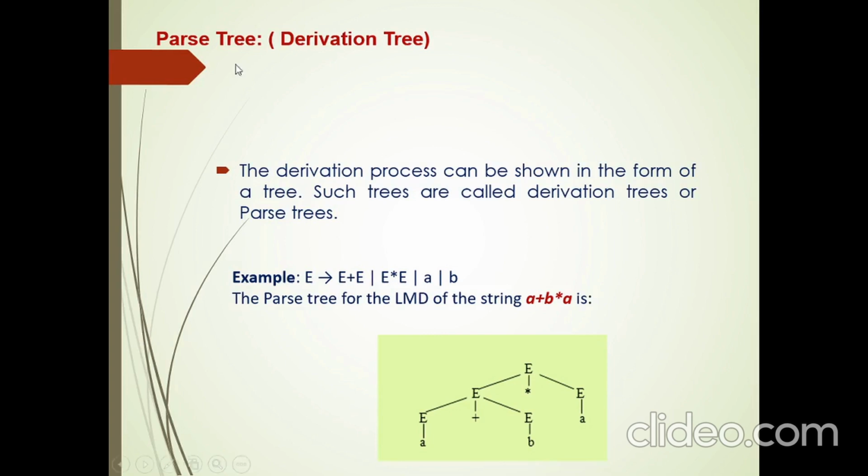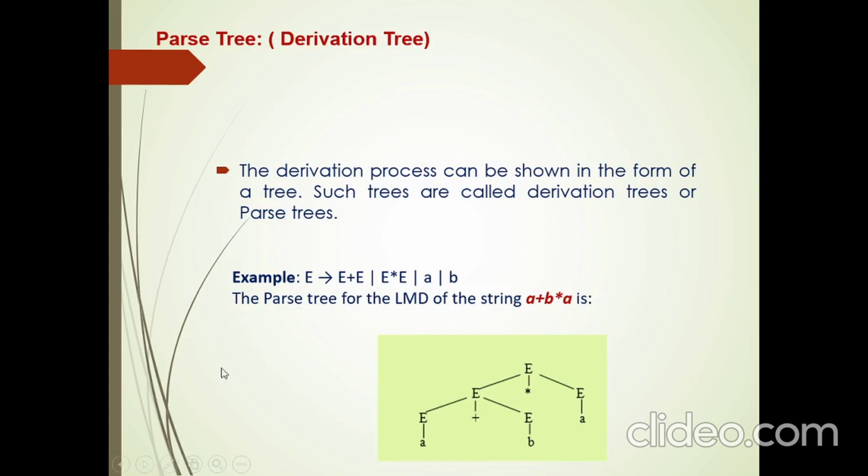So the grammar is thus: E gives E plus E, E star E, or A or B. For this, I am going to construct a parse tree based on the LMD. It is always better to construct a parse tree after constructing either LMD or RMD. That will be easy.